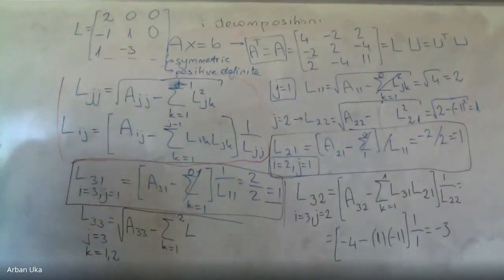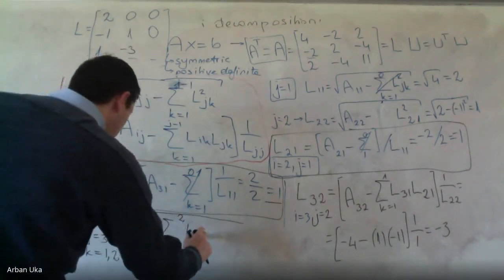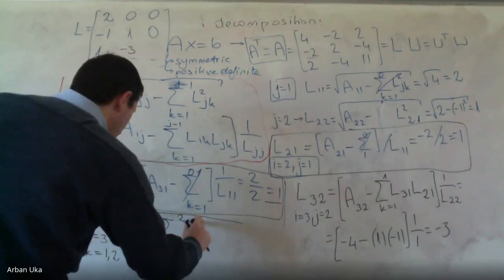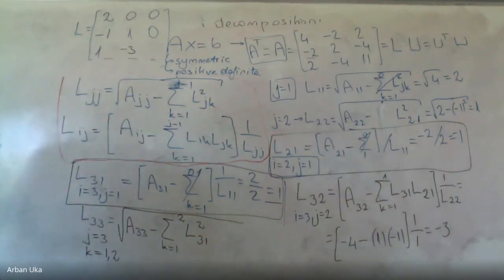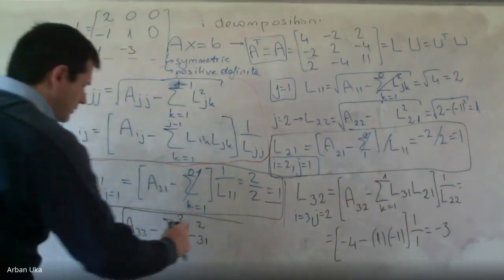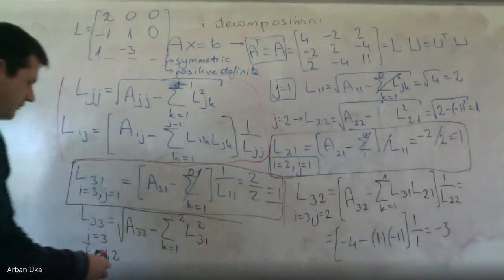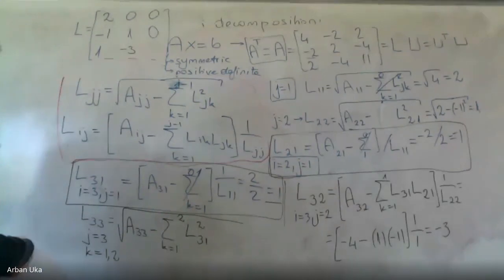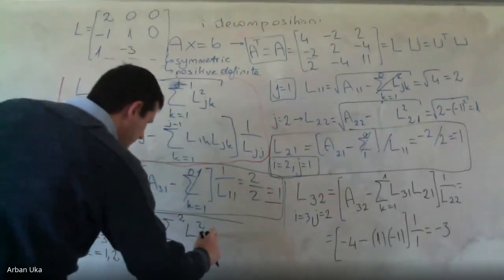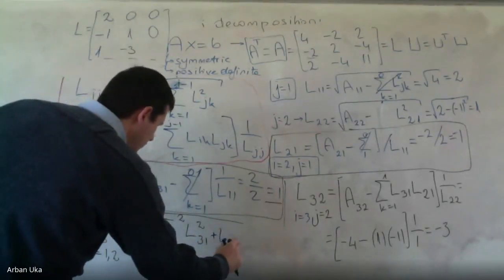So we have minus the summation, which is L31 squared plus L32 squared.